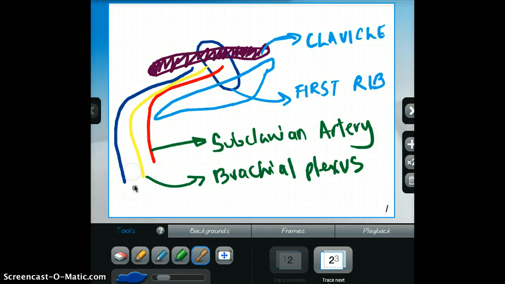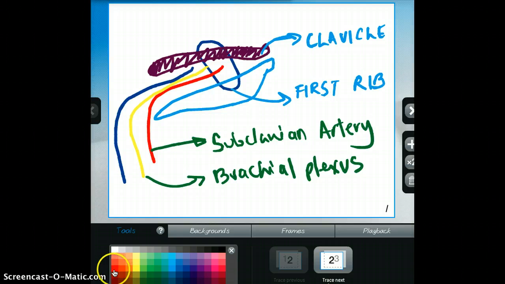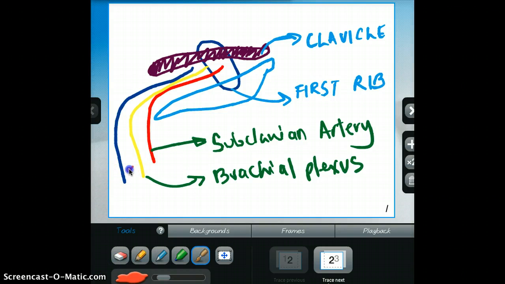And the difference is there is a muscle here, right in this area, called the anterior scalene muscle, or scalenus muscle. By the way, this blue one is called the subclavian vein.